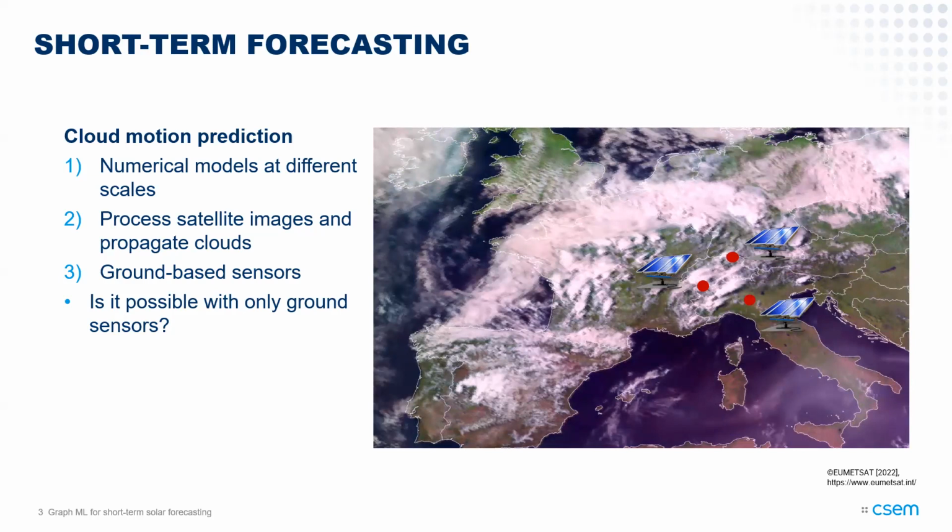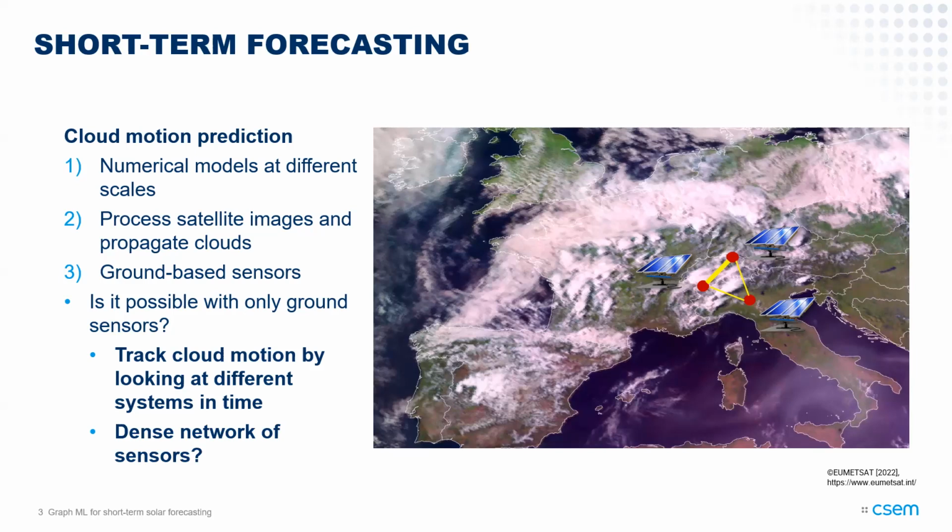So these guys, they could speak to each other. Let's say there's one cloud coming from the north, one coming from the west, and so forth. So the main idea is to track the cloud motions, or to try to predict either PV power or irradiance, looking at different sensors in time.